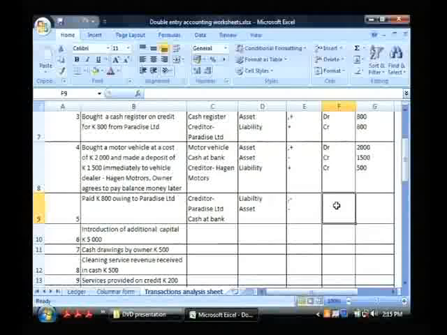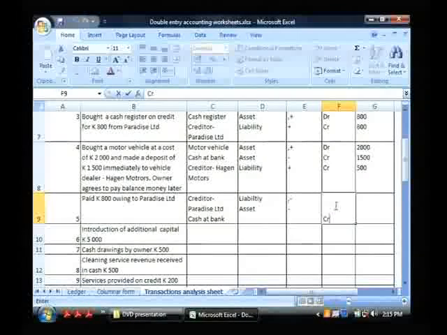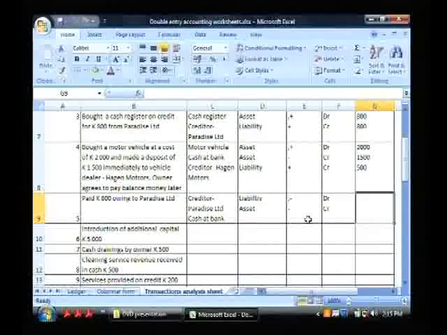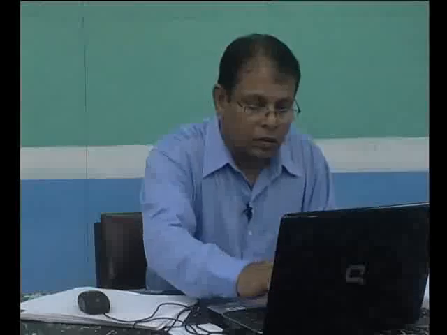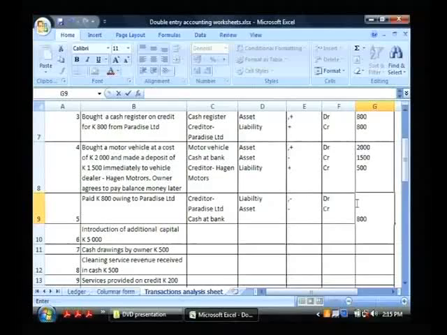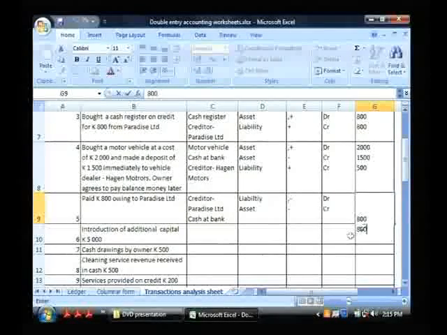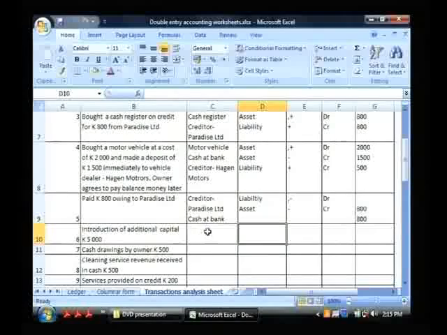Decrease of liability is debit, decrease of asset is credit. And the amount paid is 800 kina, in both places 800 kina.